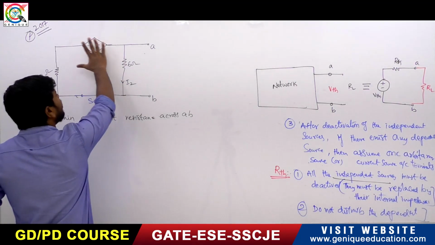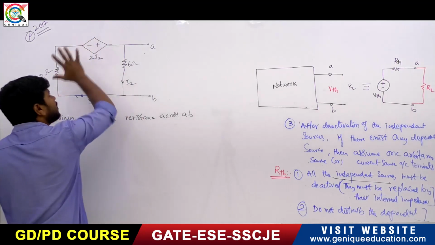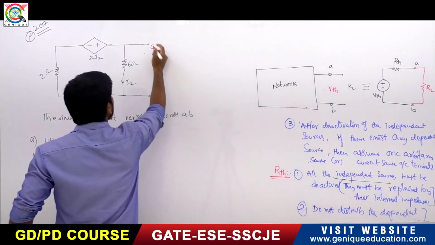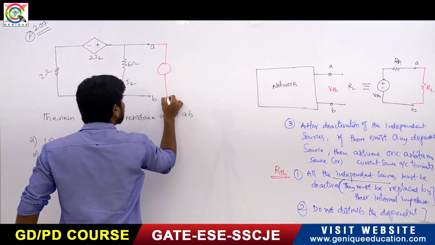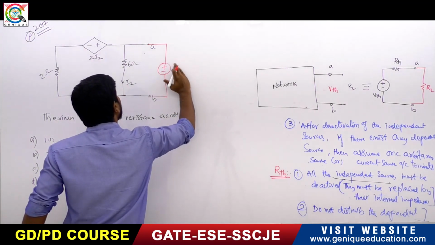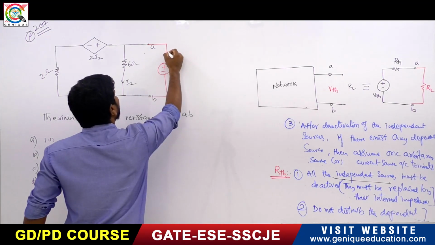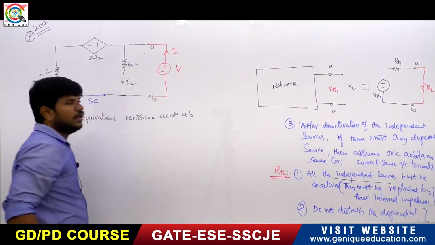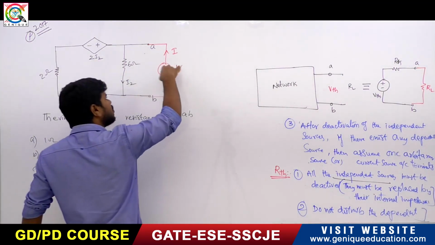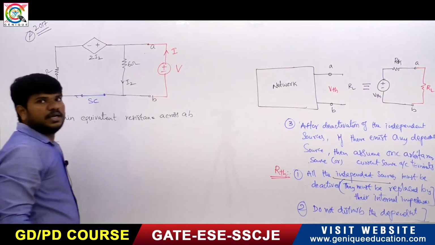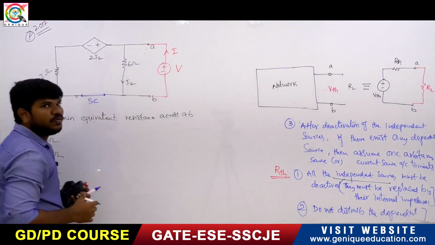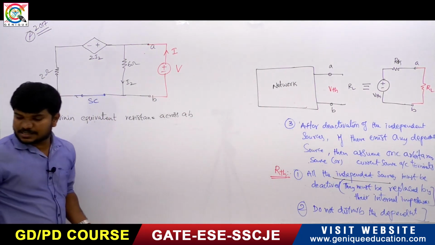So one dependent source is there, and that's why you have to assume one arbitrary source. Let us suppose this is V, let us suppose this is I. One voltage source I assumed here. Let us suppose the voltage source is V and it is giving a current I, right? Now you can apply the nodal analysis on it.